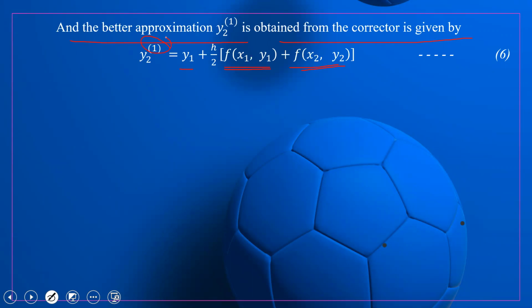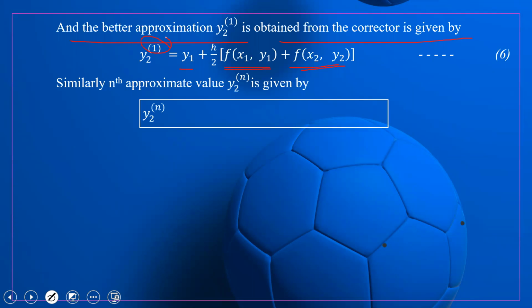This is iteration number 1. Similarly for iteration number 2, the nth approximate value of y2 is y2(n) = y1 + h/2 [f(x1, y1) + f(x2, y2(n-1))].